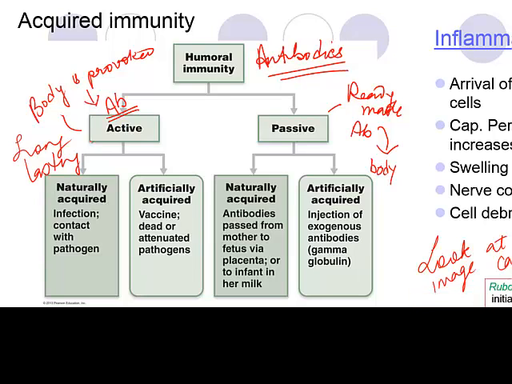Those of you who have parents who bought your cars, you're passive. Your parents gave you the car, right? So they gave you the antibodies. And because they gave it to you, you didn't have to really work very hard for it. You're probably not going to take that good care of it unless your parents really threatened you. But let's pretend that they didn't.